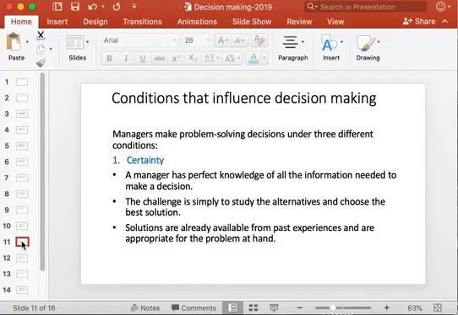A manager makes a decision under certainty when he or she has perfect knowledge of all the information needed to make a decision. In this case, the challenge is simply to study the alternatives and choose the best solution. In this situation, normally solutions are available from past experiences and are appropriate for the problem at hand.